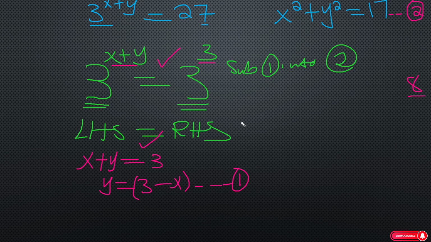So now x squared plus, remember our y is 3 minus x, squared, and then I'm going to take this 17 to the other side, which means it's negative 17, and the entire equation is equal to 0.